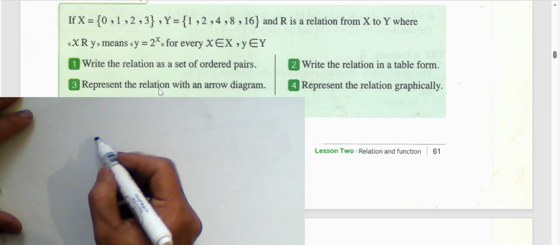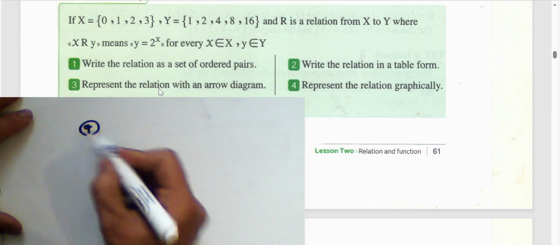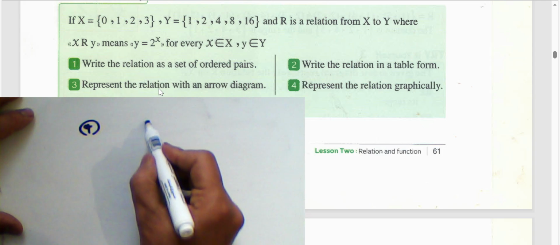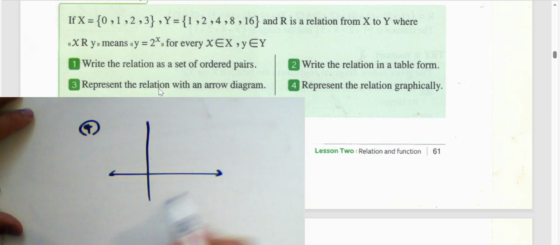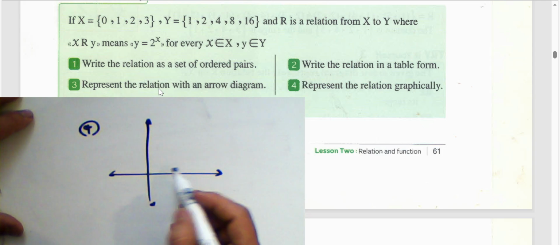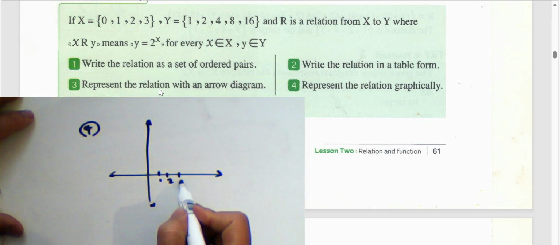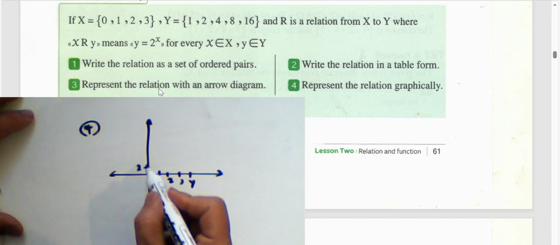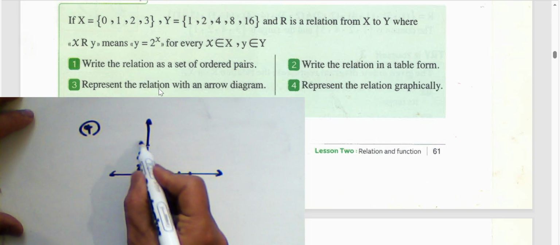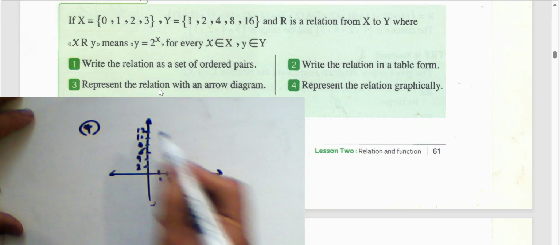Number 4, represent the relation graphically. We can draw the x-axis and y-axis. Write 1, 2, 3, 4, and here 0, 2, 4, 6, 10, 12.